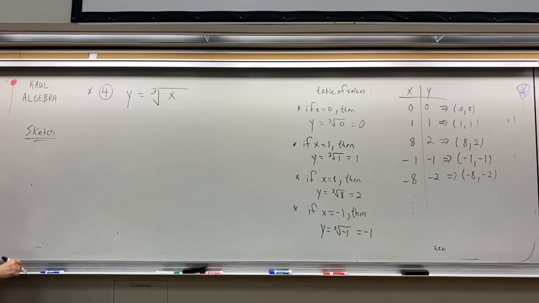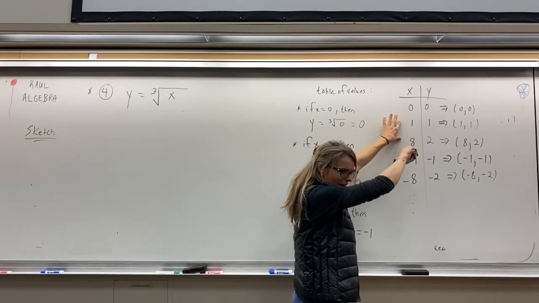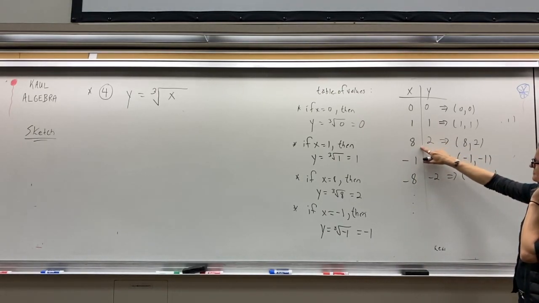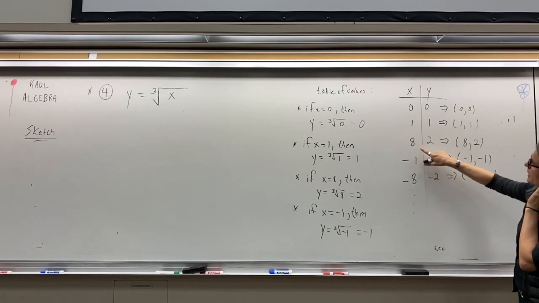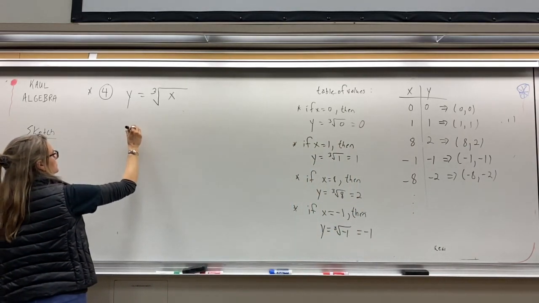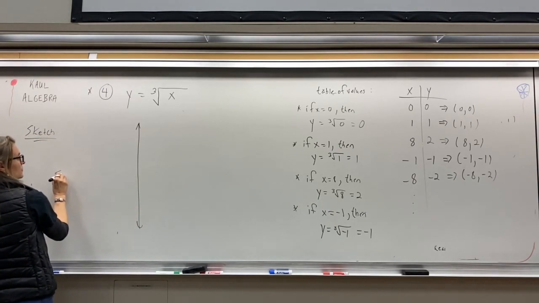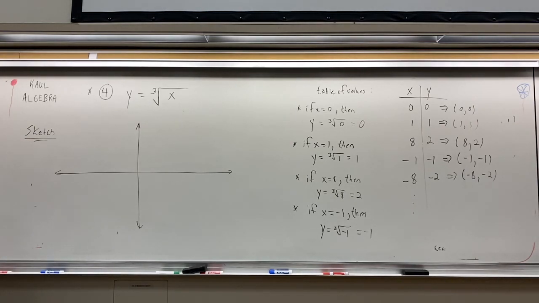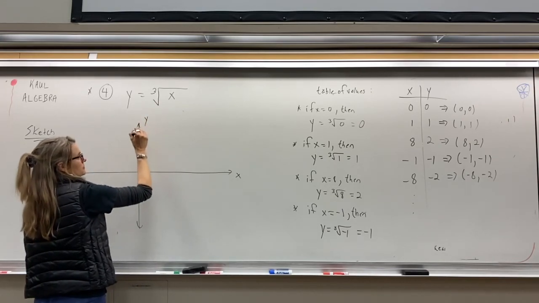So let's go ahead and do a sketch. Looking at my values, I'm going to have a lot of x on my scale. So I'm going to spread it out far left and right and try to fit -8 there for my x.